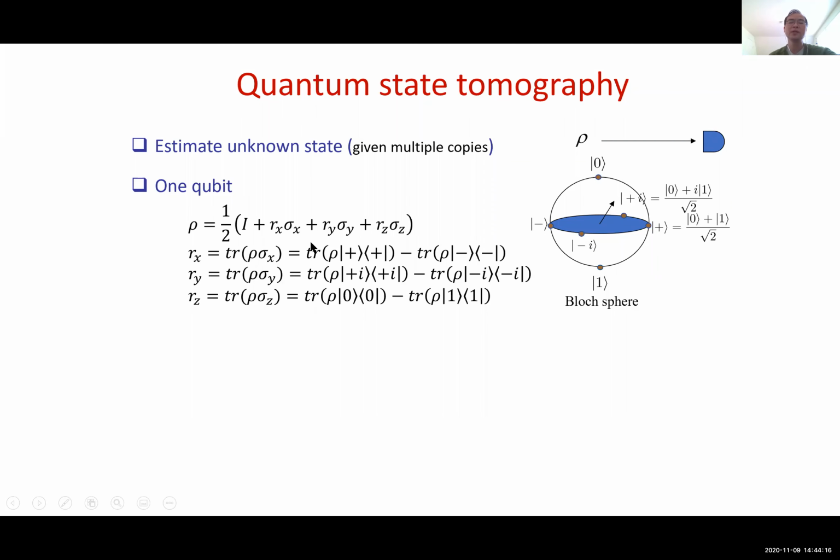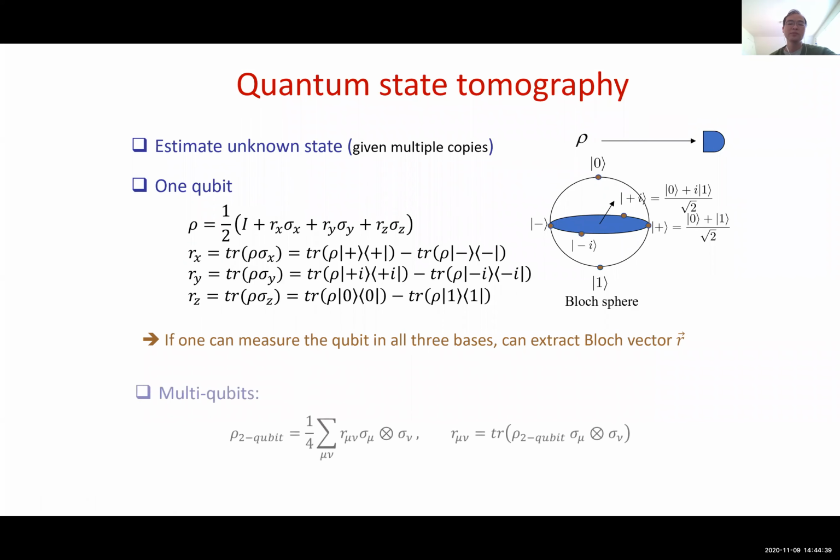That's measuring the probability of getting plus minus the probability of getting minus. Y is the corresponding measurement in this axis. Once you have information about these components, then the state is determined.